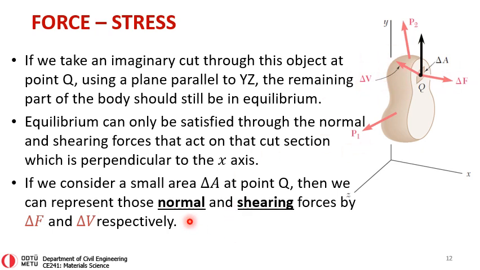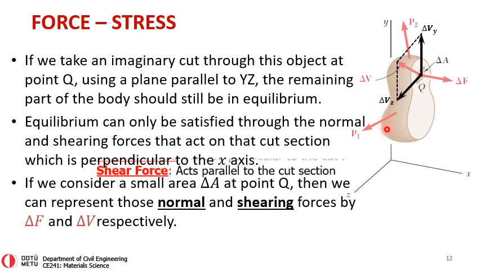And the shearing force that acts parallel to this plane can be divided into two: one acting parallel to the Y direction, one acting parallel to the Z direction. We can label them delta Vy and delta Vz.